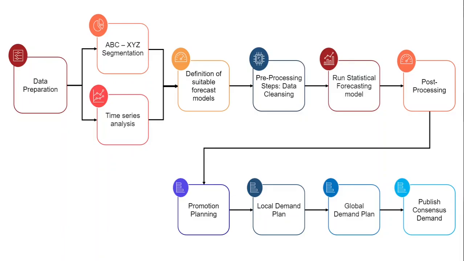So that's your final forecast, or the output of your demand planning process, and that output would be given to supply planning, can be used as an input for inventory optimization, and can also be given to deployment planning as well.